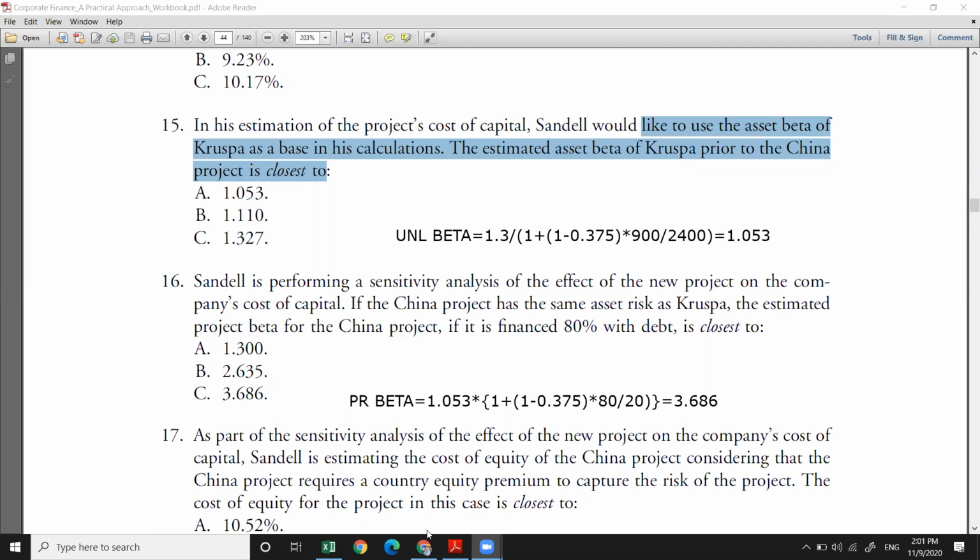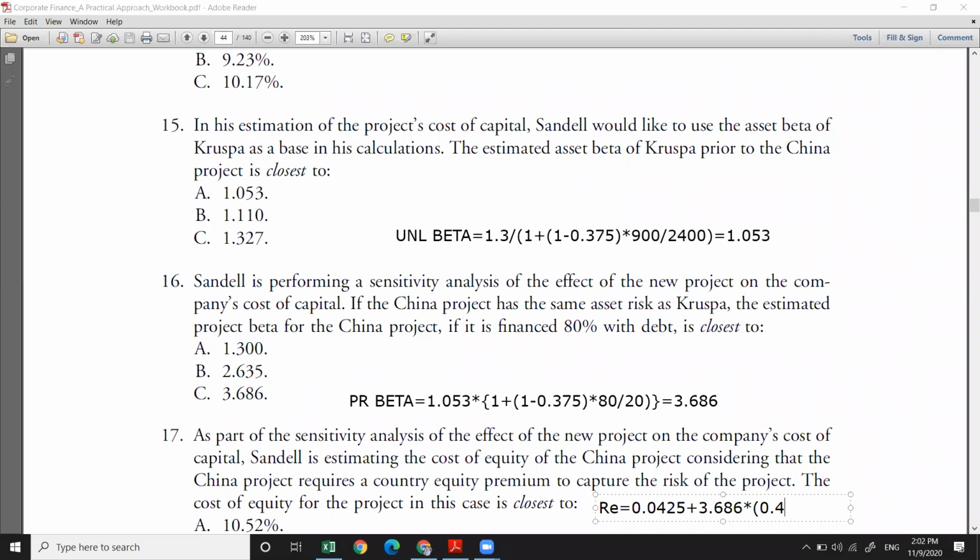So everything is given. If you find the cost of equity, it is the risk-free rate, 4.25%, plus beta, 3.686, times the equity premium, which is already given, calculated above, 4.82%.